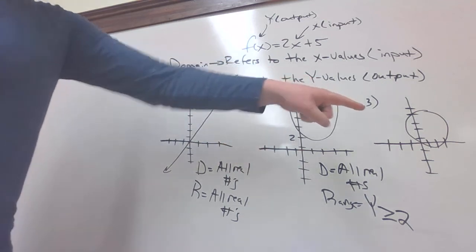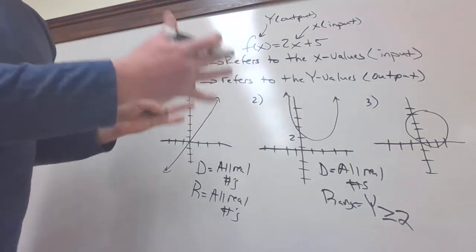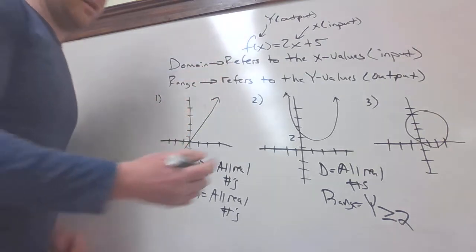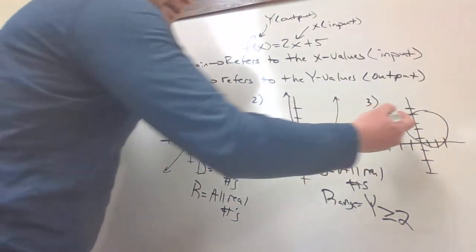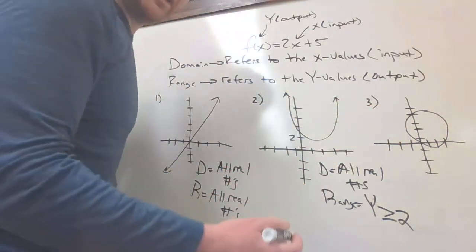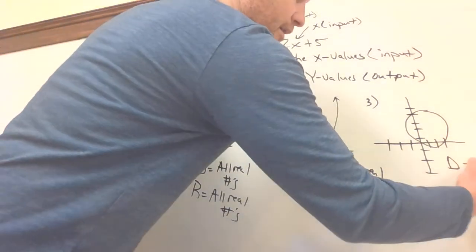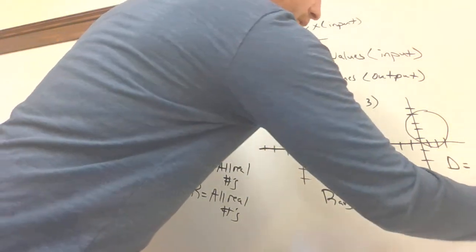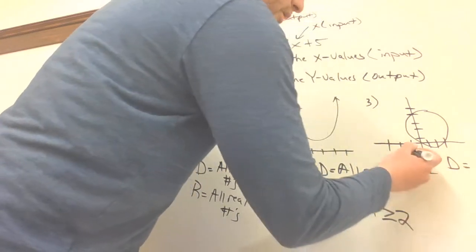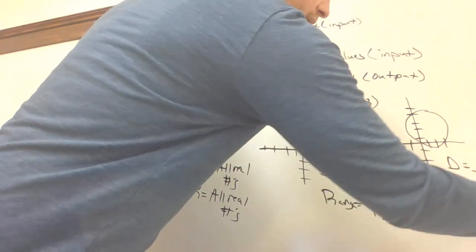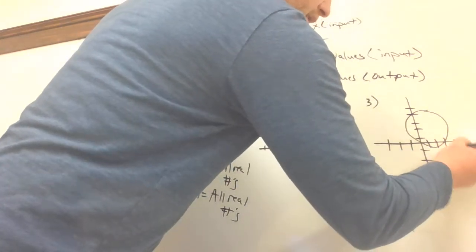Now this one's about looking at the graphs and saying what constricts your x and your y values. This is a bad drawing, but just play along for a second. My domain goes from x is greater than or equal to, let's say this is -1, but less than or equal to, let's say this is 4.